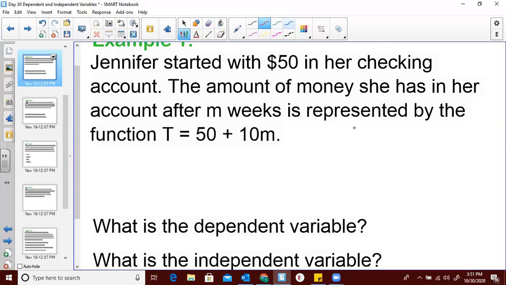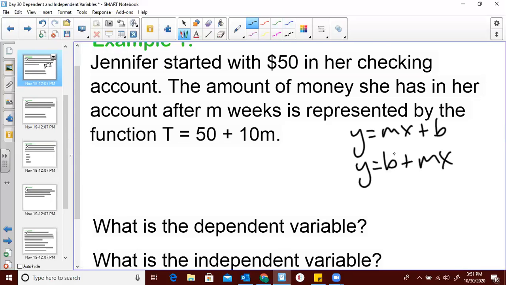Well, we know that t equals 50 plus 10m looks awfully familiar, looks awfully close to our formula, right? Our linear function. Remember these are the exact same formula. So we have our y equals b plus mx.